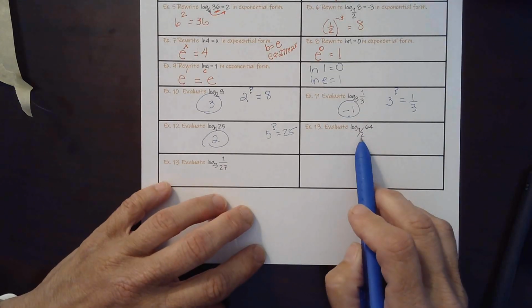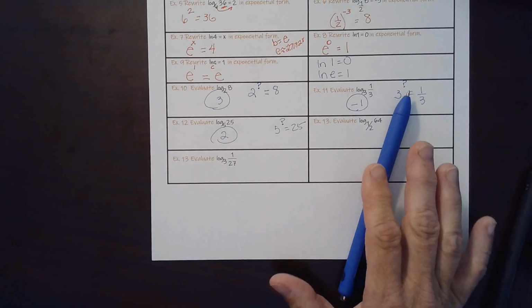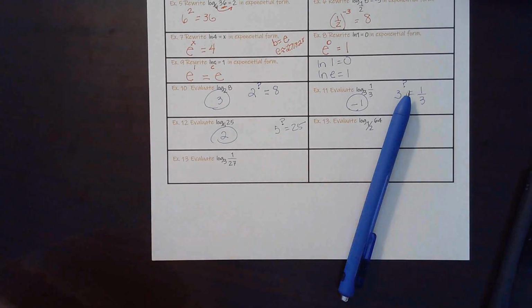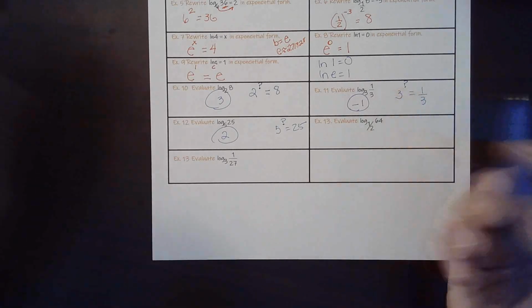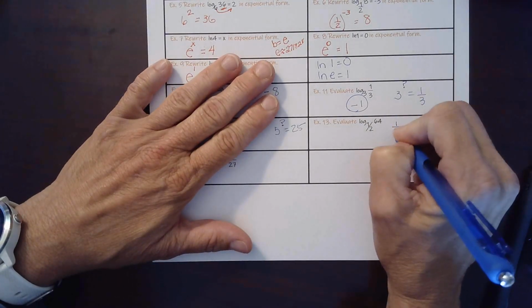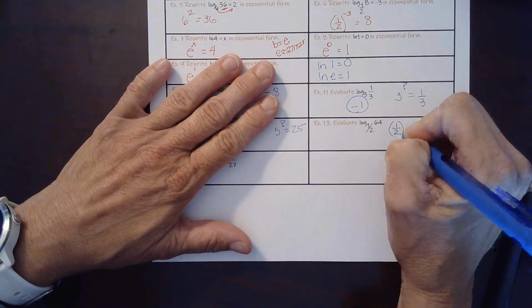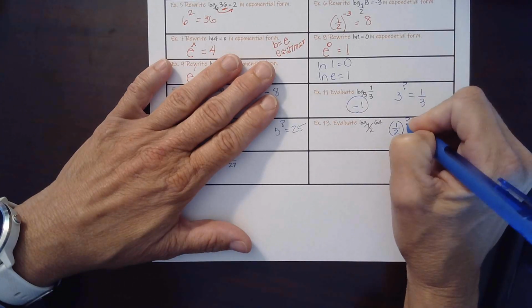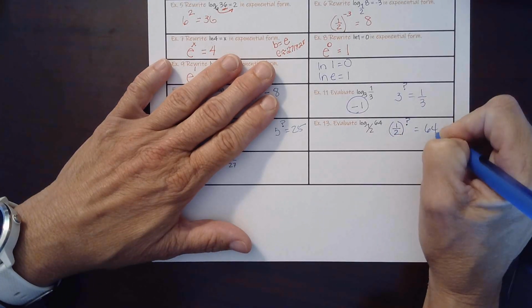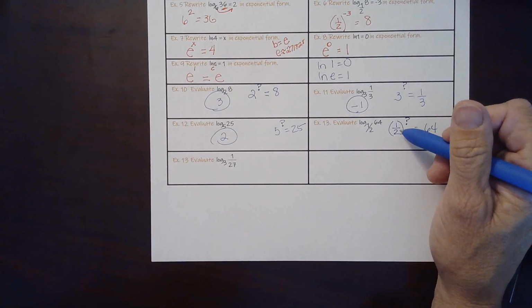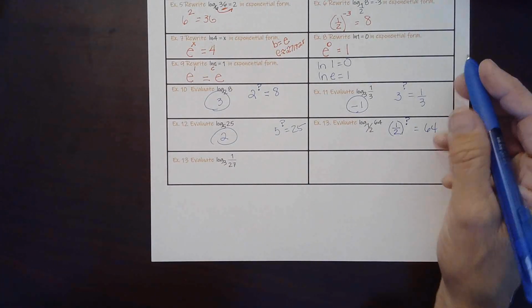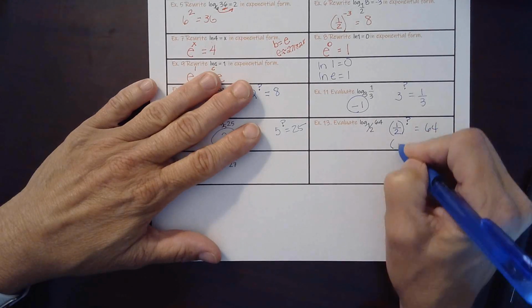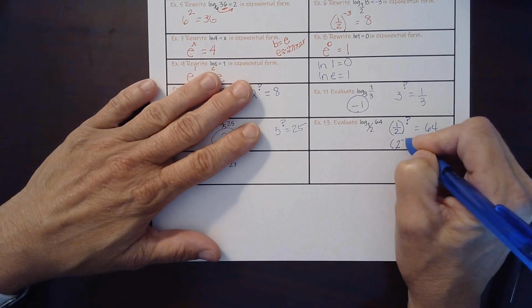Now what about log base 1/2 of 64? So log base 1/2 of 64, your base is a fraction and it needs to equal an integer. So ask yourself, what if you did this? What if you said 2 to the -1?